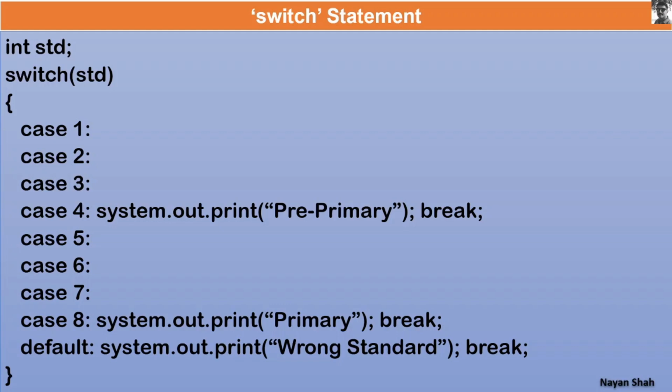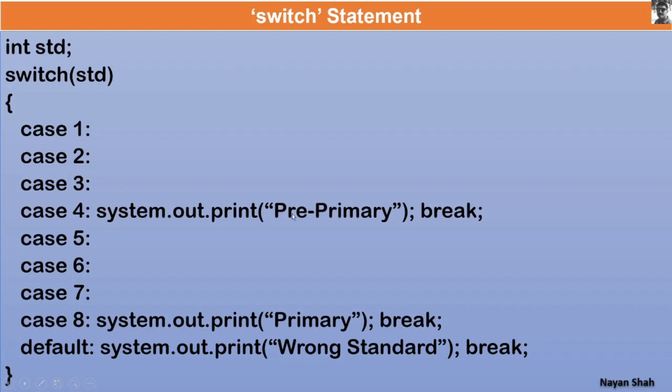Now you will wonder, what if the student enters standard 2? Suppose the value of the variable std is 2, then it will not go in case 1, it will go in case 2. Since there is nothing written, not even a break, it will keep on executing. So it will go to case 3 also. Nothing is written, no break, so it will go to case 4 also.